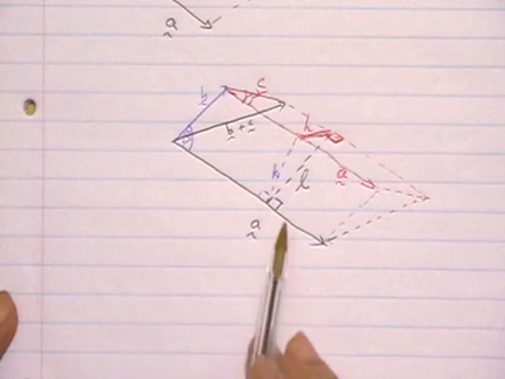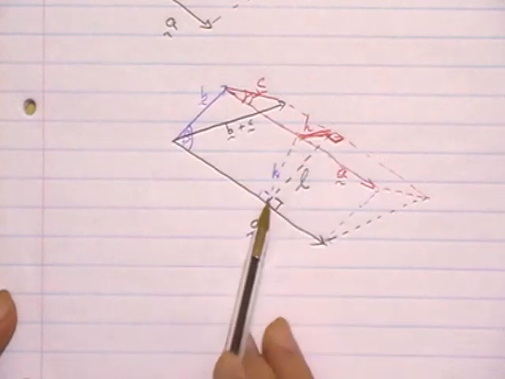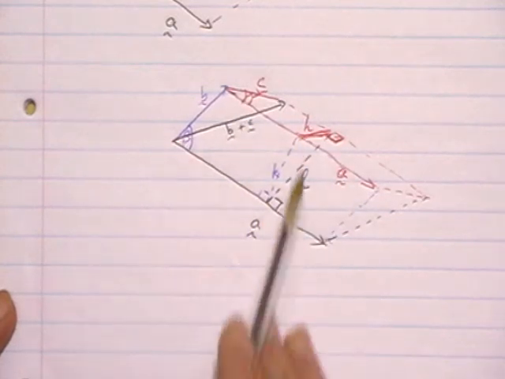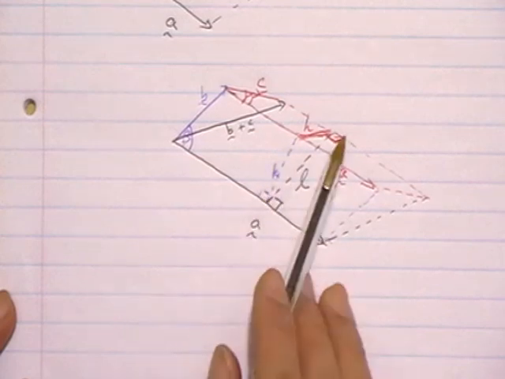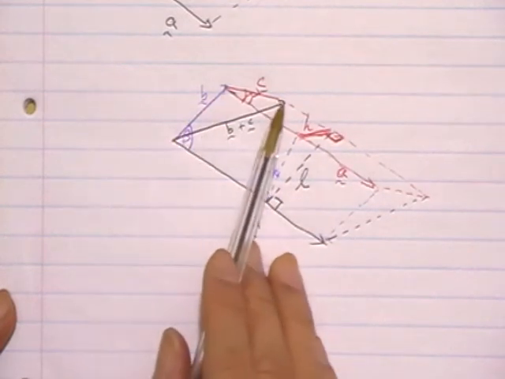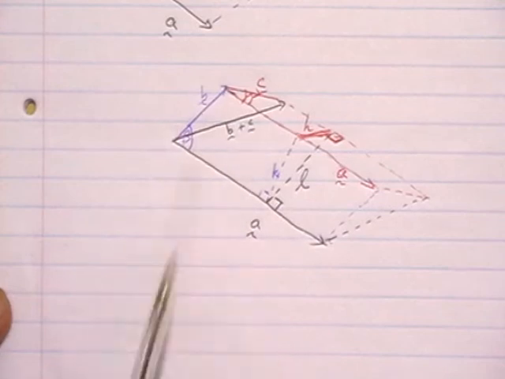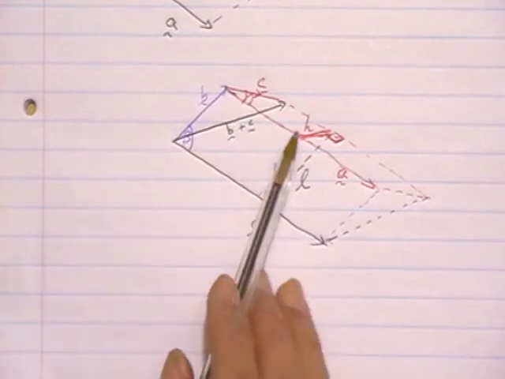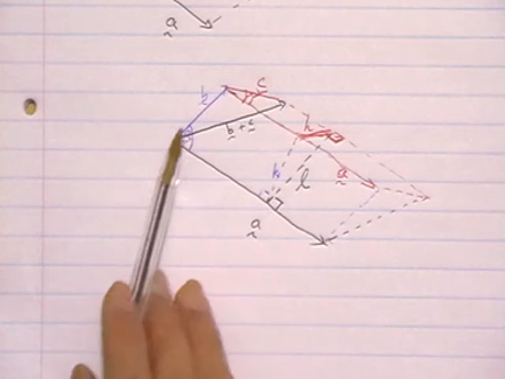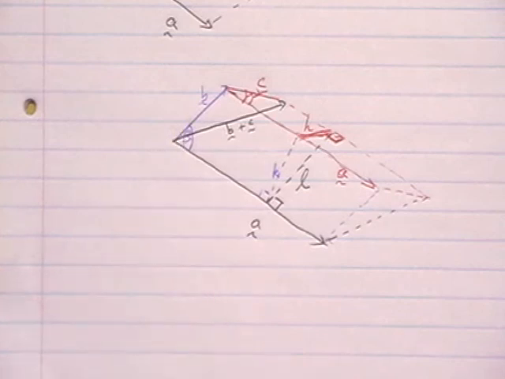Okay, but note that this triangle is perpendicular to all the edges, so it is actually different from this triangle at one end of the prism. Okay, so these are not the same triangles.